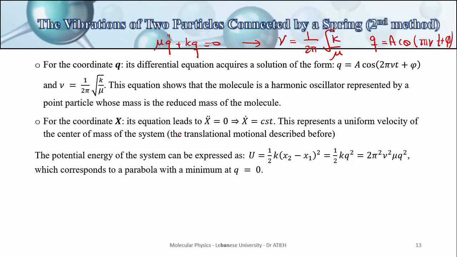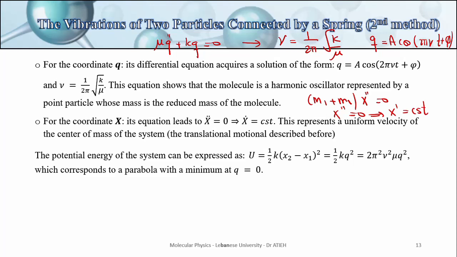Now for the coordinate x, we can see that m1 plus m2 x double prime is equal to 0, which means the second derivative of x is 0 and x prime is constant. So the speed of the center of mass is constant.